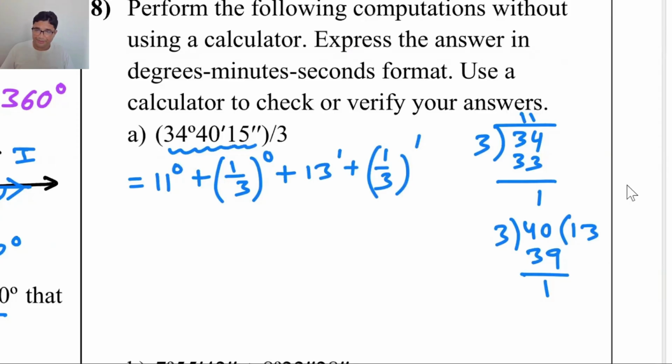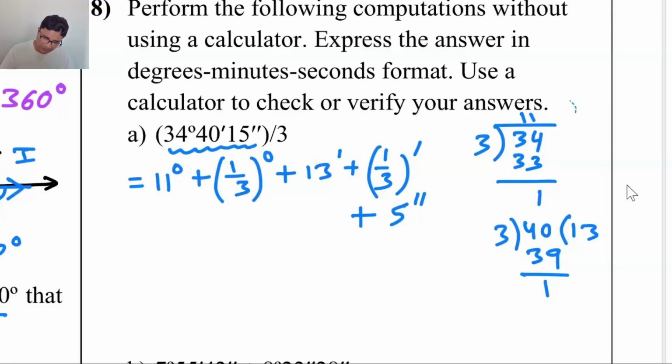And then you have plus 1/3 minutes plus 15 seconds divided by 3. That you can understand will be 5 seconds.